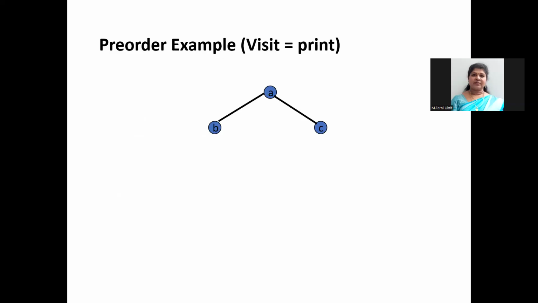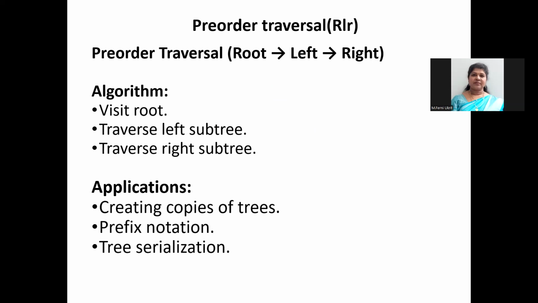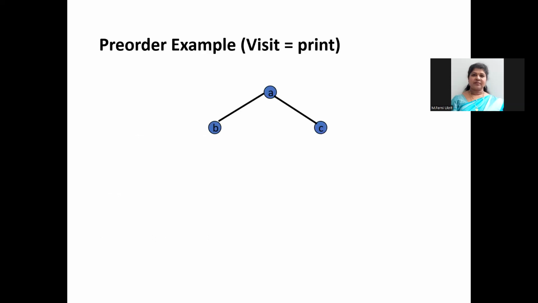Now, when you take this pre-order, it's a very simple example. First, as I told you, this is root left right. So root is A, left is B, and then right is C. So ABC is the output. Now coming to another example. Here, this is a bigger example. So root A comes first, then left. So left is B, but B is again a root, again a parent, right?